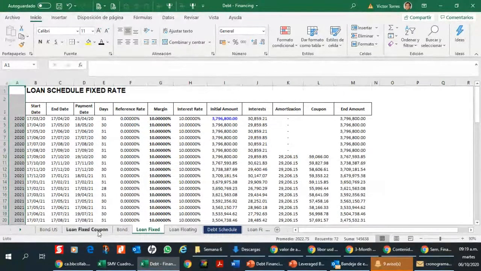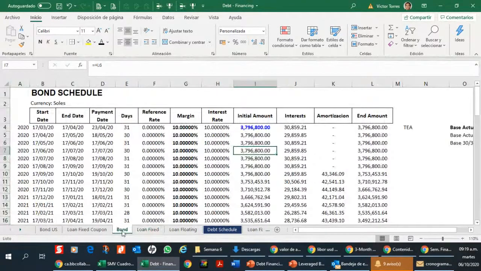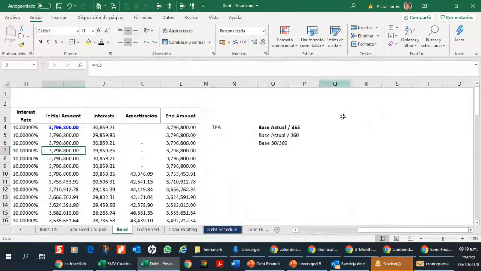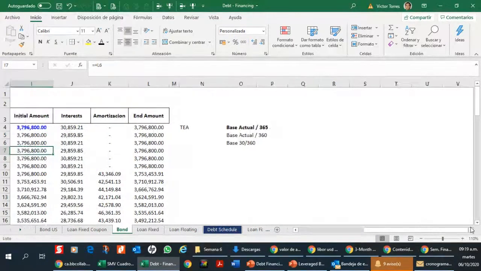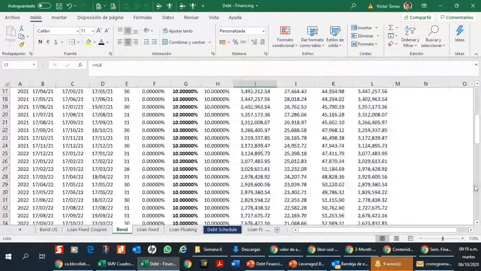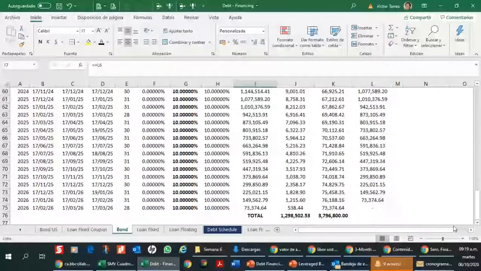I like to do one tab, one loan, right? But obviously, if you have several loans and you prefer to work them out in one single sheet as part of the structure, what I will urge you to do is put all the different loans to the right, never below, right?